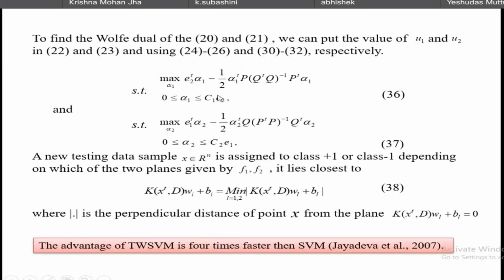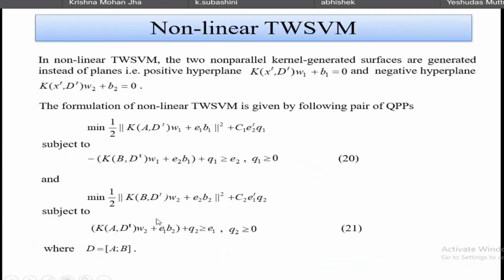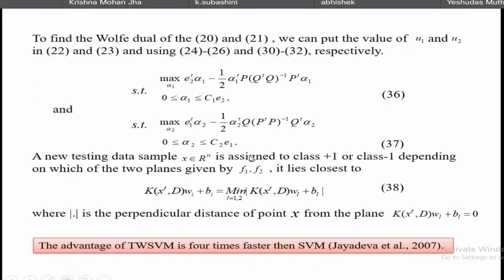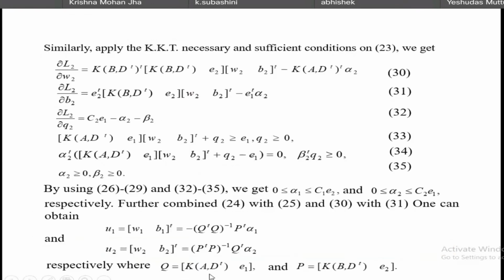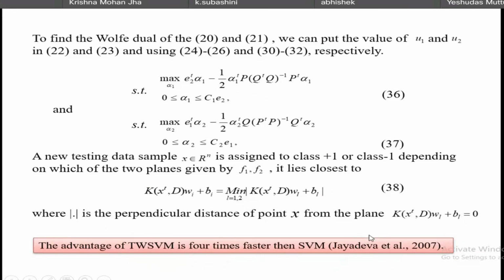Obviously this is the maximization problem here, whereas in the previous case we wrote it in minimization terms. In the previous case we assumed H and G, where H is the augmented A and E, and G is represented in terms of B and E. Here we have P and Q, so ultimately this is your B, this is your A. You just need to replace this particular term, and you will get the same formulation as in the linear case.